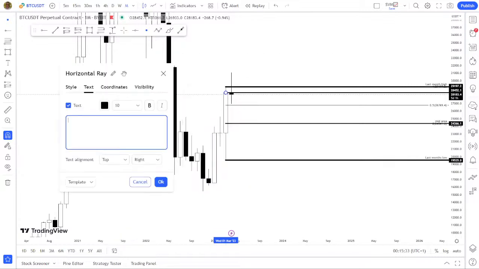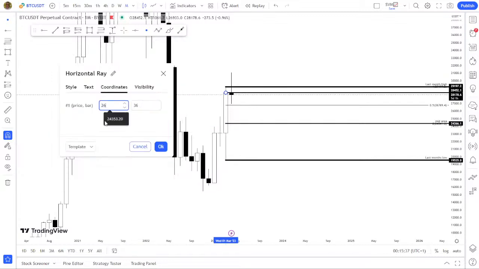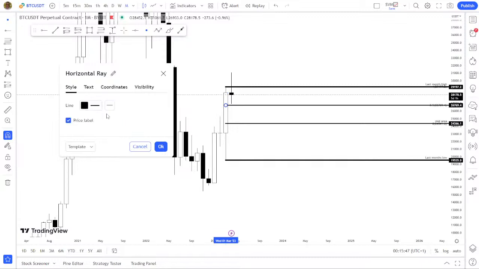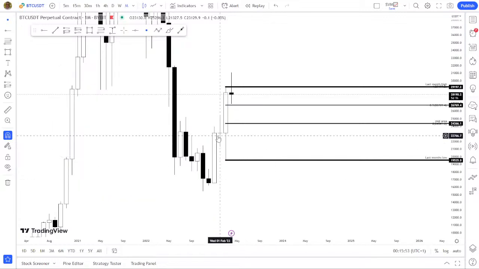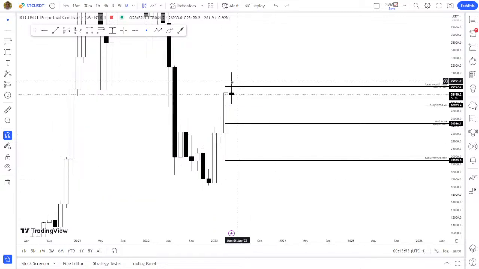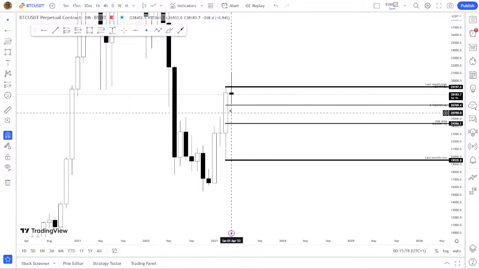It's 26,769. Alright, so now I've divided our month into two halves, then divided one of the halves into two again.